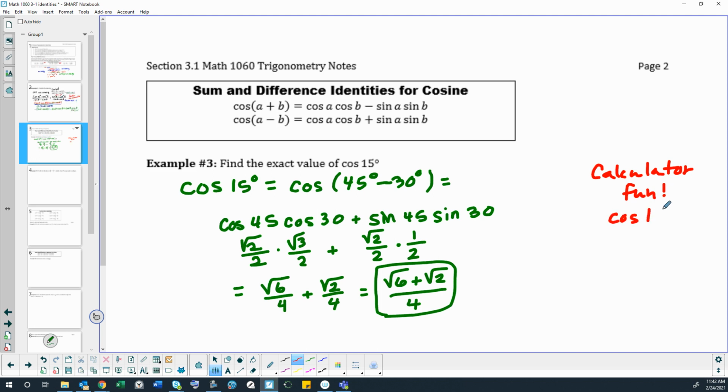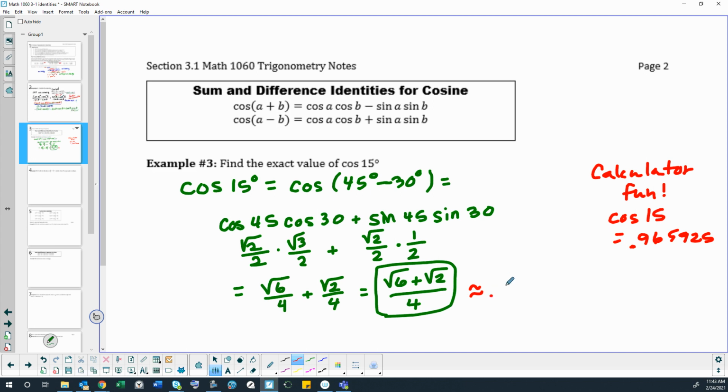The cosine of 15 is 0.96595, and so on. I have more decimals than that. Now let's check our answer. The square root of 6 plus the square root of 2 gives me about 3.8637033305. I'm going to divide that by 4.